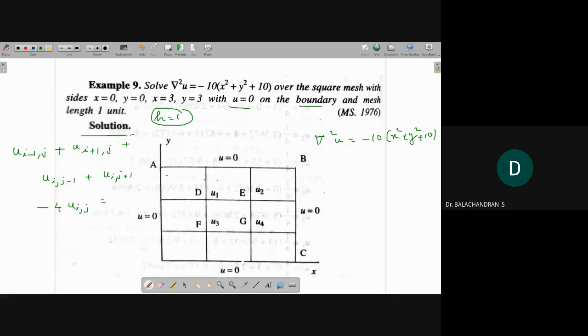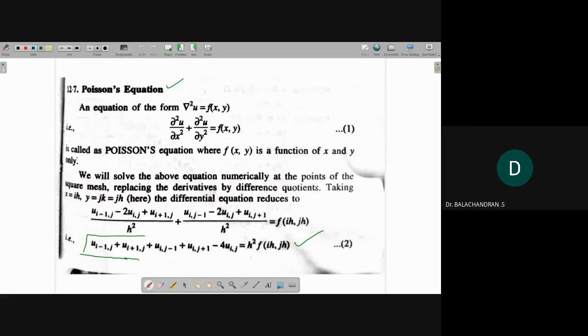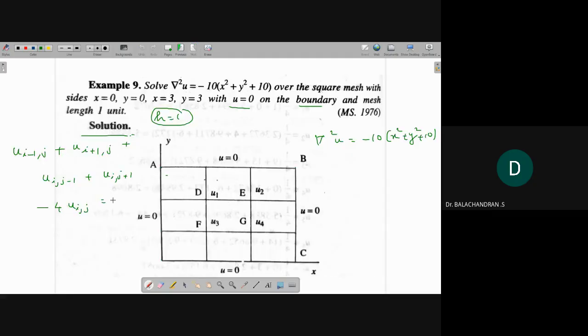If h is 1, the right hand side is 1 square into f of (i, j), that is h square into f of (ih, jh).